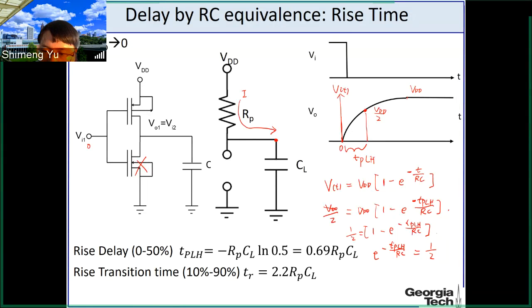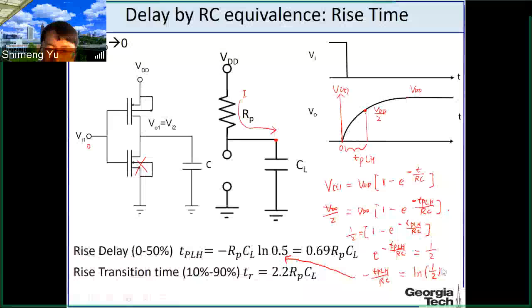If you take the log, you will have TPLH over RC equals log half. So TPLH is negative RC log 0.5, where R is this RP, C is this CL.